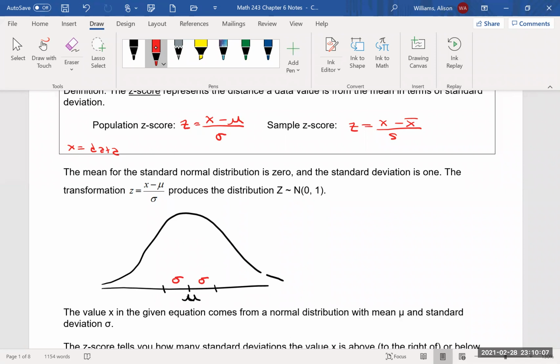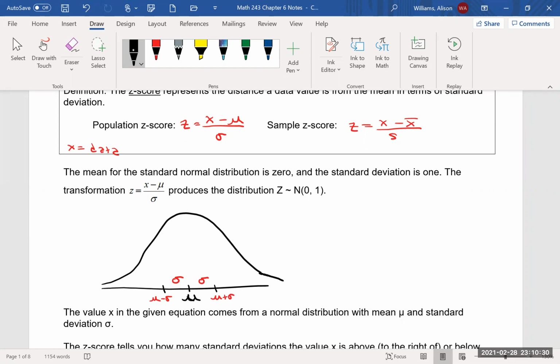Whatever those values are, this value ends up being the mean plus the standard deviation, whereas this would be the mean minus the standard deviation. So whatever the mean is, we would set that up in the middle, and then we'd add and subtract the standard deviation away from the mean to form the curve.